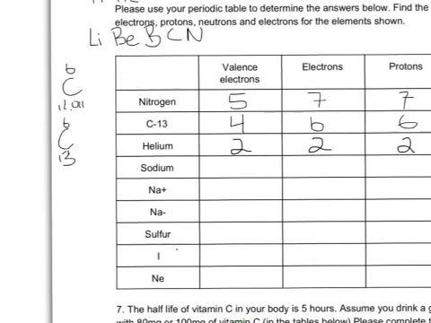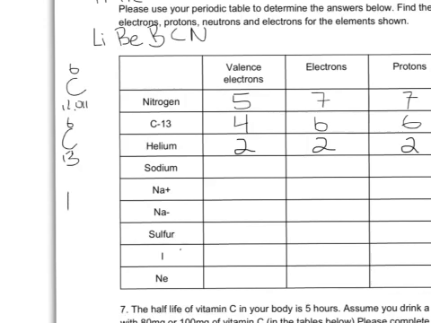Next up, sodium, Na. We have Na 11 and 22.99. I'm going to round 22.99 to 23 just for ease of calculation. So valence electrons. Take a look at sodium. As we count in from the left, sodium is the first element. It has 1 valence electron in its outer shell.